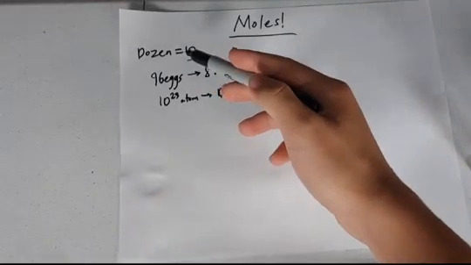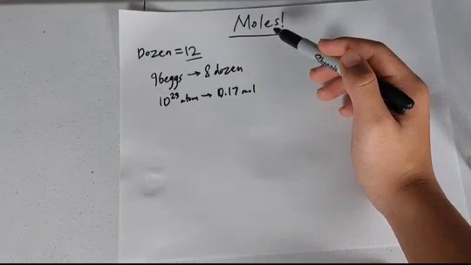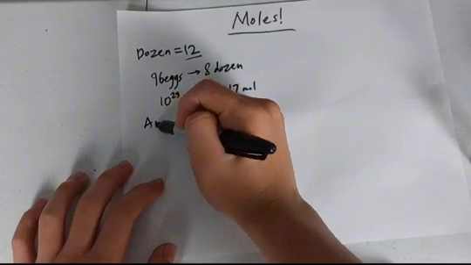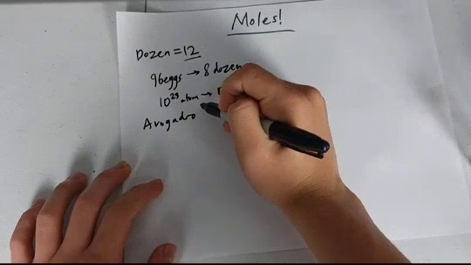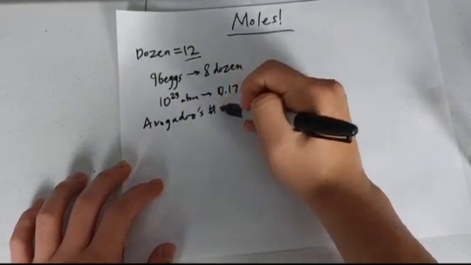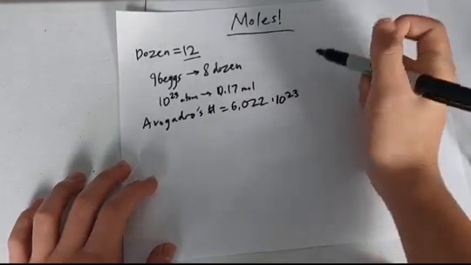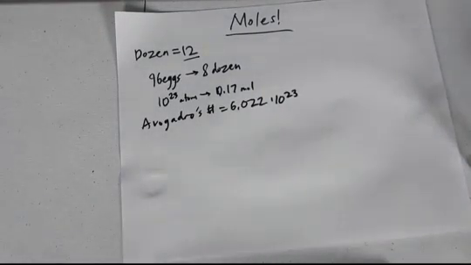And just like how a dozen is always 12, the number of atoms or molecules in a mole is always constant. That number is called Avogadro's number. Avogadro is spelled like that, and his number is equal to 6.022 times 10 to the 23. Now that feels oddly specific, and that's because it is.